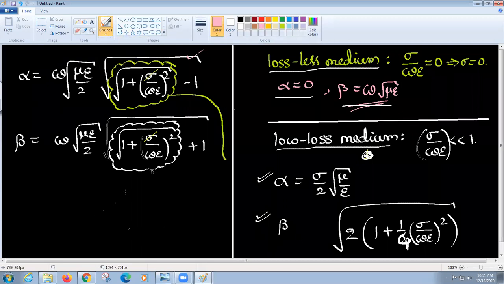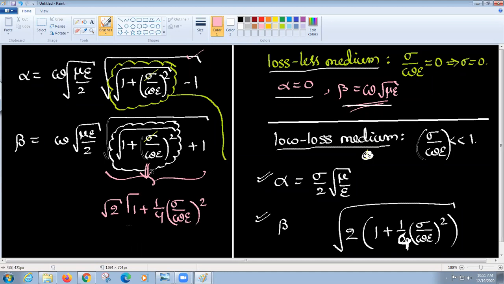So beta, if I go with this, this complete stuff is the square root of 2 times 1 plus 1 by 4 sigma by omega epsilon whole square, to the power 1 by 2. Agree?